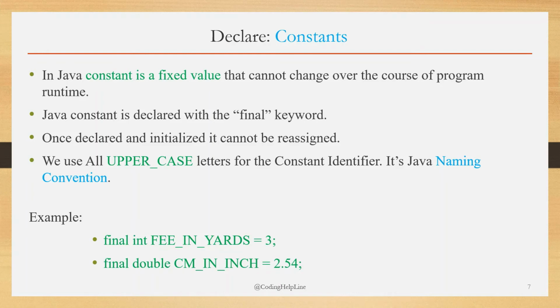Then for the next word, its first letter will be capitalized. For all the constant values, the identifier is all uppercase. That is the Java naming convention, and normally it is followed by every programmer. That's it, guys, and let's go to practice these concepts in a Java program. Thank you.